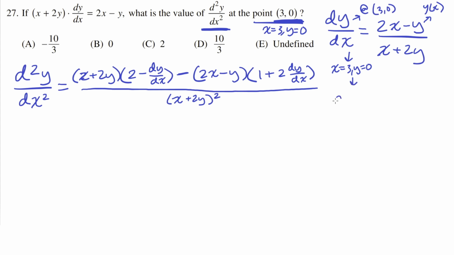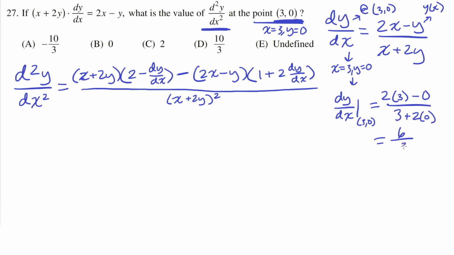So let's do that here. dy/dx evaluated at the point (3, 0) is equal to 2 times 3 minus 0, since x is 3 and y is 0 at this point, divided by 3 plus 2 times 0. If we simplify this, 2 times 3 is 6, minus 0 doesn't change it, and 3 plus 2 times 0 is just 3, because 2 times 0 is 0.